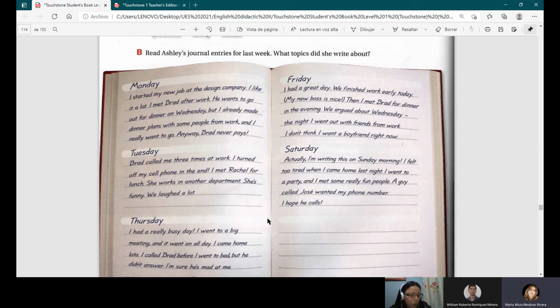Whoever finishes writing the sentence first will start reading what you wrote and will ask your partner to identify the verb he just read. I don't know if it's clear for you.